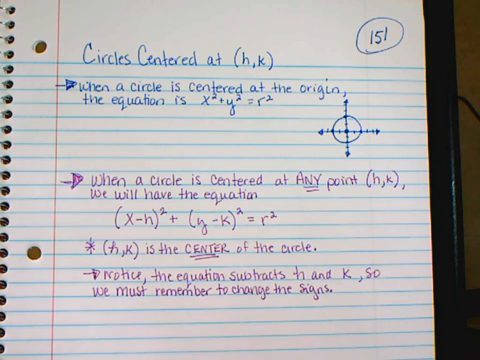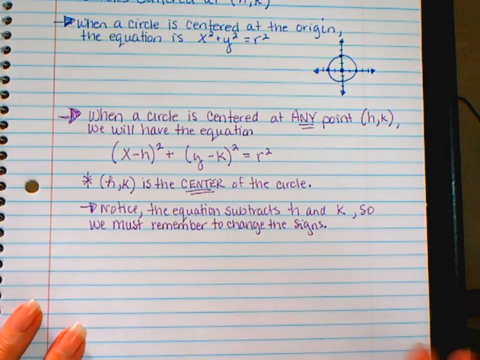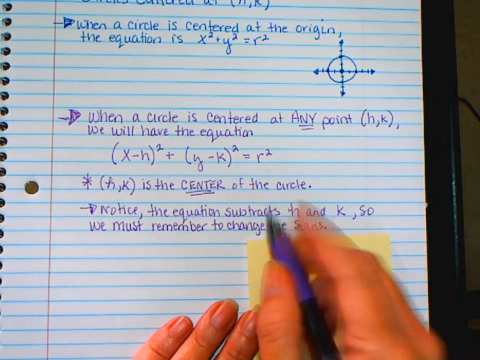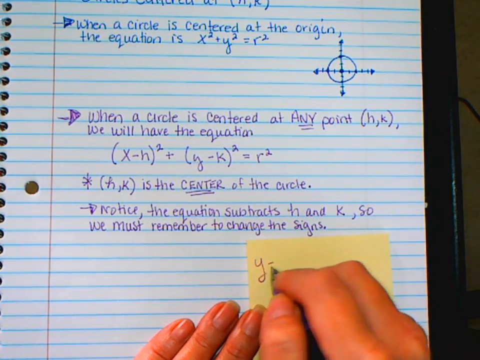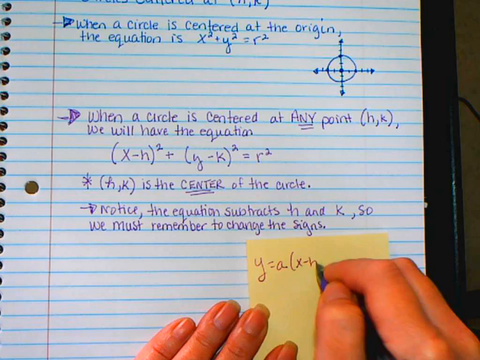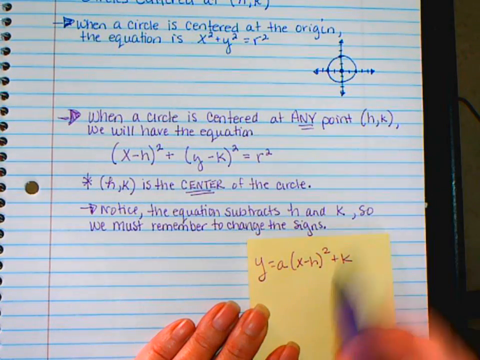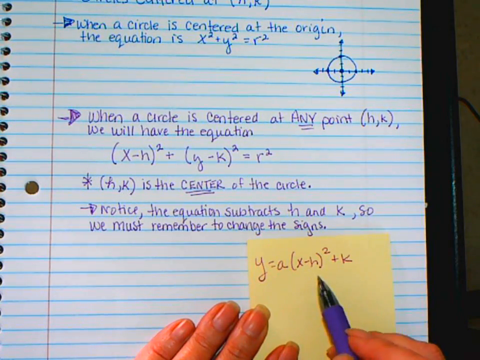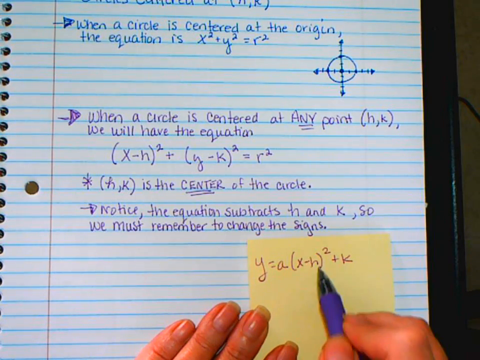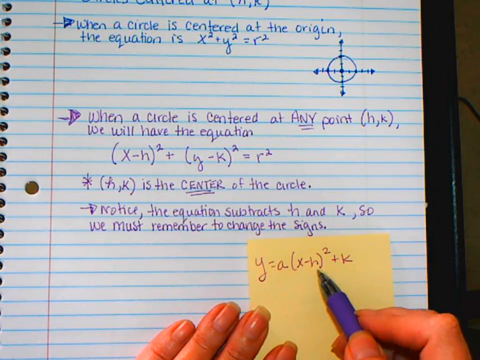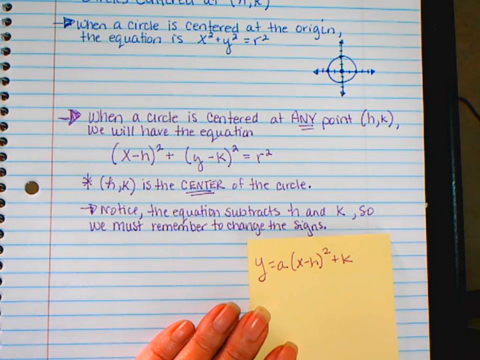And you don't have to write this down. I'm just going to do this on a sticky note. Remember, a parabola or quadratic, either way you want to call it, is y equals a times (x minus h) quantity squared plus k. And if I asked you the vertex, we know it's h comma k, and we always had to change the sign of h, right? Because the formula subtracts h. So if your h is originally 4, you plug it in, it's going to look like x minus 4.